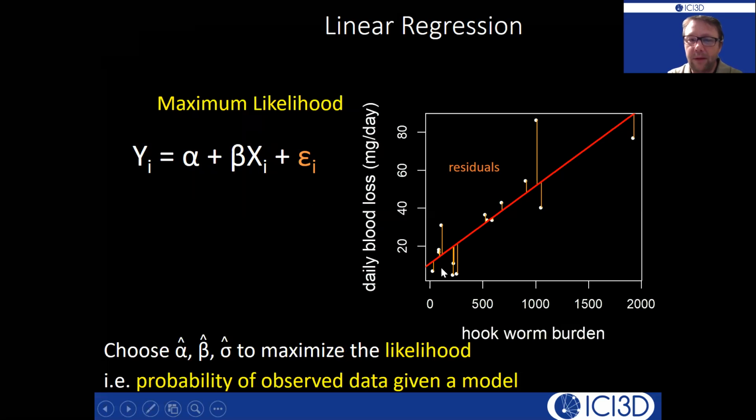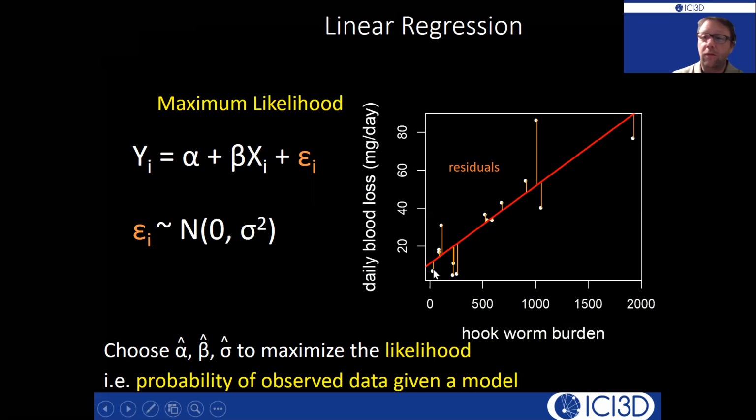So what's the probability that we would see data like the data that we're seeing if we set these parameters to a specific set of values? So imagine setting our parameters to a specific set of values and then assuming something about the errors. Usually we assume that it's normally distributed. We can use the density function from a normal distribution to actually figure out what's the probability that we would see a value like this.